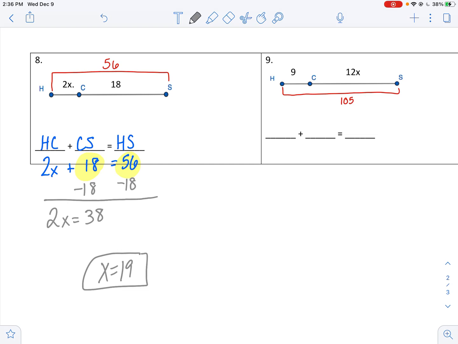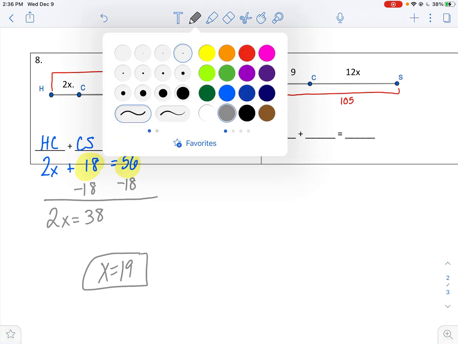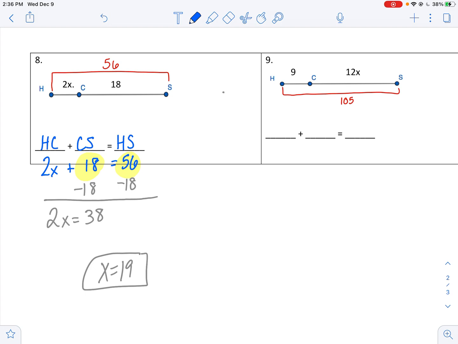Why don't you pause the video, try number 9, and then unpause it and check your work. We have 9 plus 12x equals 105. Like terms 9 and 105, so I want to move that 9 over.